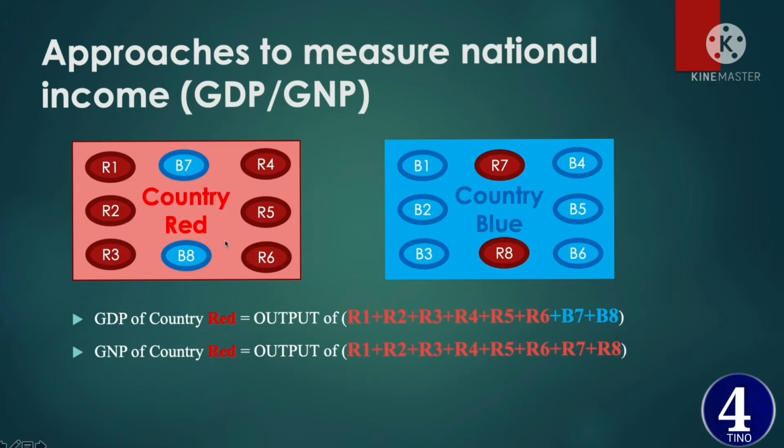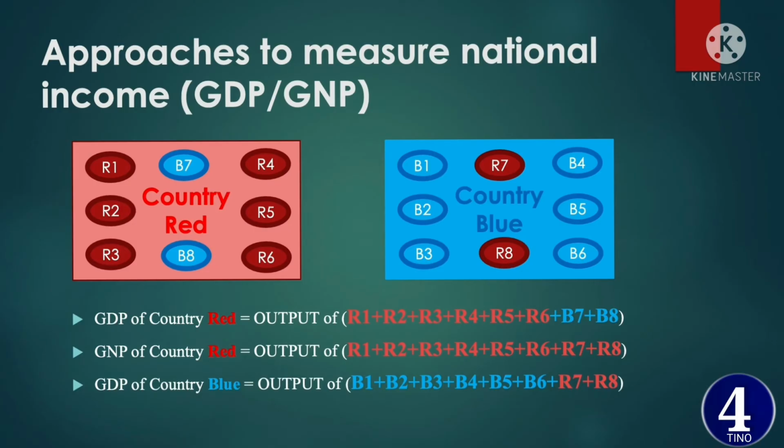red country. And the discussion that we have had for the red country will work the same for the blue country. So when we are discussing GDP, we will add outputs produced by everyone inside the country, irrespective of their citizenship.